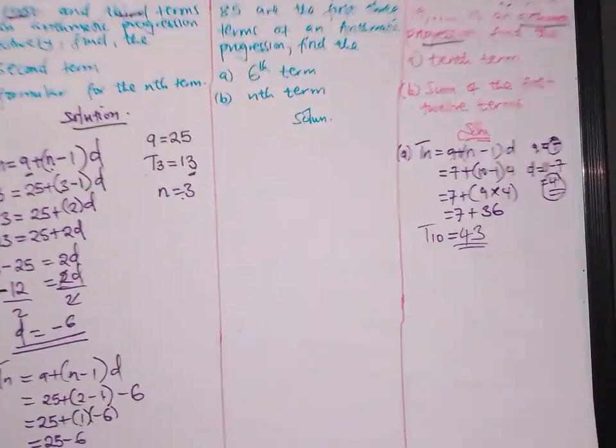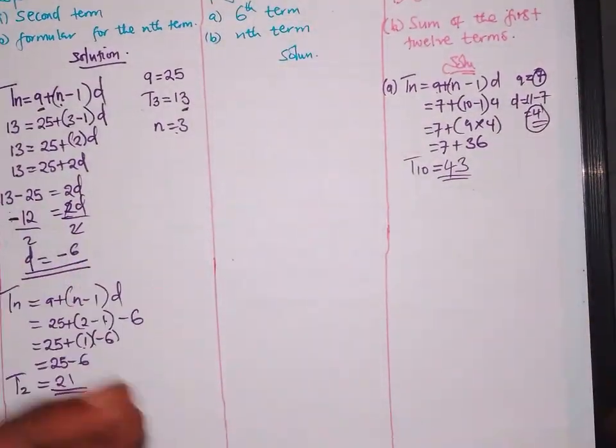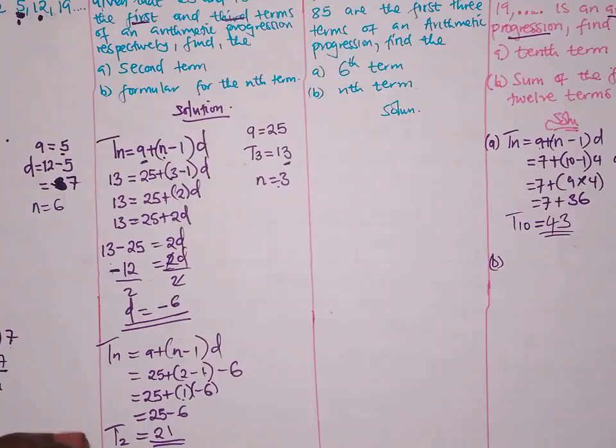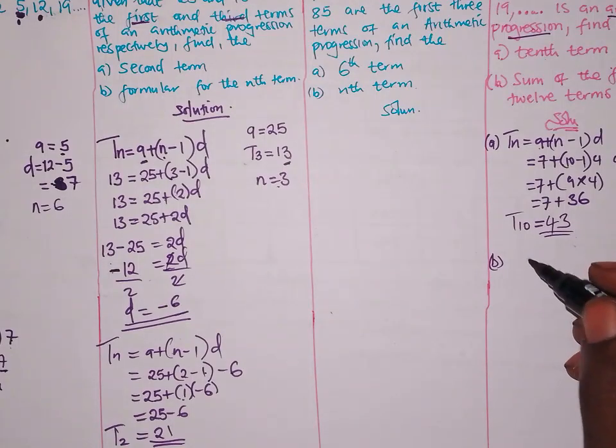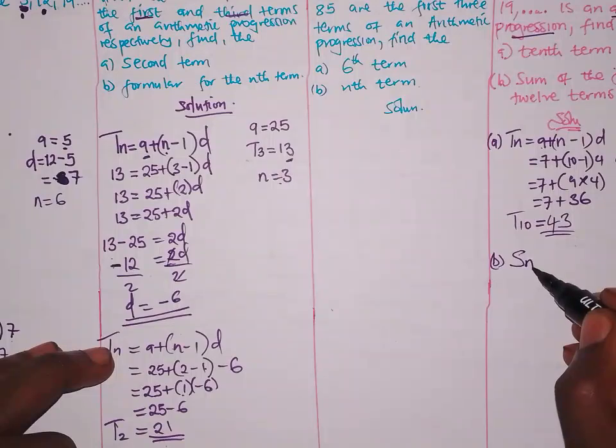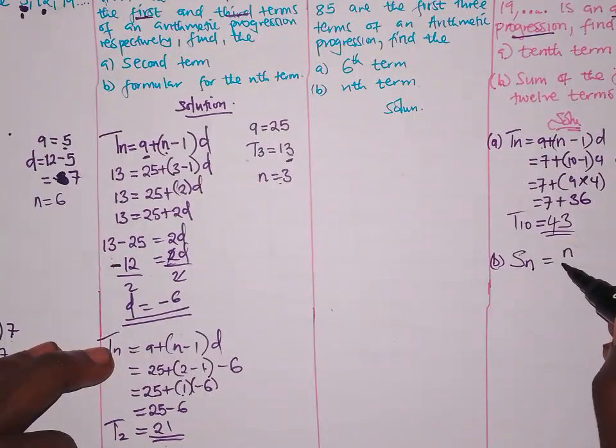Now let's look at the final part which I wanted us to look at, which is the sum of the first 12 terms. When we are talking about the sum, remember the formula I showed you. Sum of the nth term is equal to n divided by 2, times 2a plus n minus 1 d.